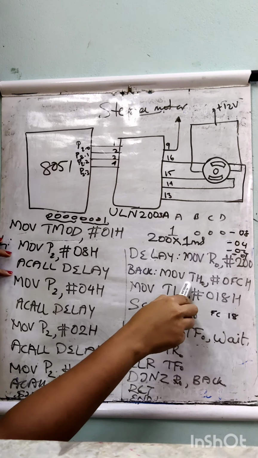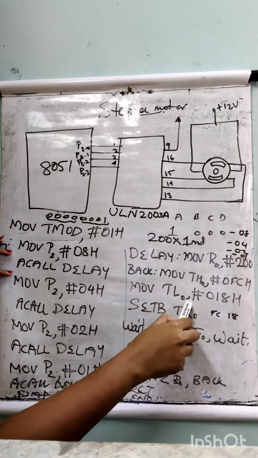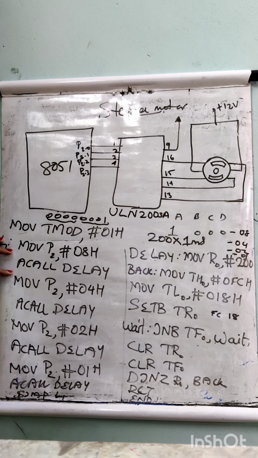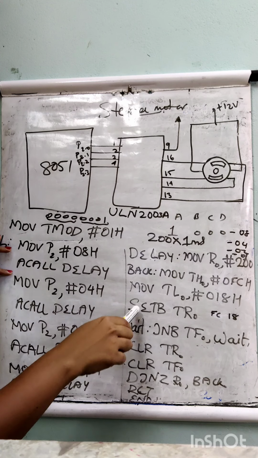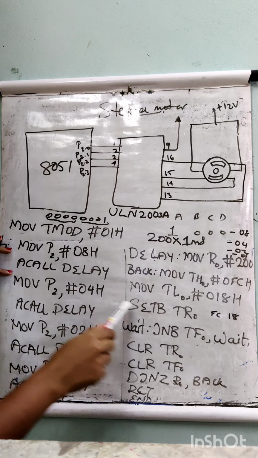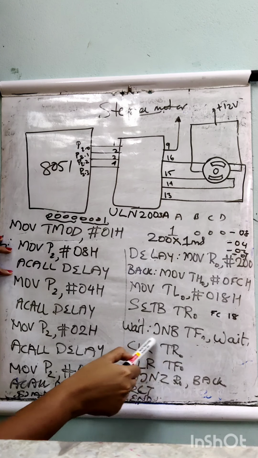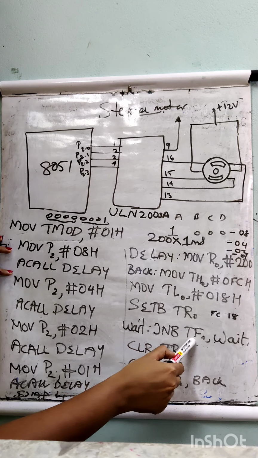First, I fed TH0 and TL0 with the values 18 and FC. Then SETB TR0, you know why we give SETB TR0, that is to turn on timer 0. Now timer 0 started working, and then we are checking the timer flag, JNB TF0.